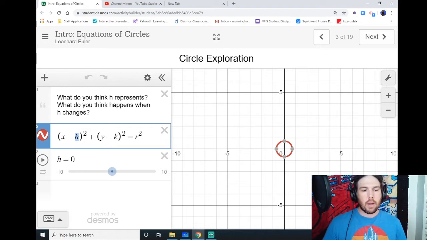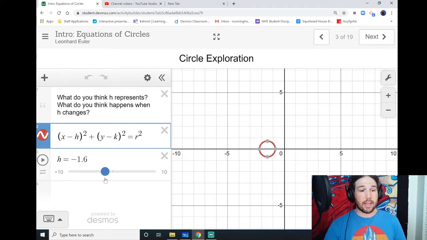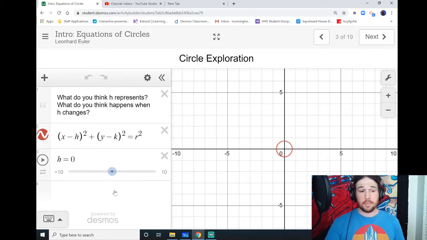And I have been using h and k specifically in our class on purpose because I wanted you to get to this spot in the curriculum, and remember that h moves the circle horizontally. If I make h bigger, the circle moves off to the right. If I make h smaller, the circle moves off to the left. That make sense? So h is a sort of left-right value.